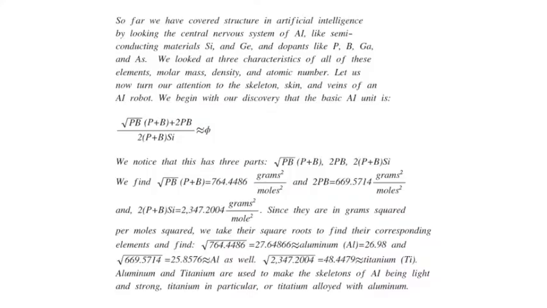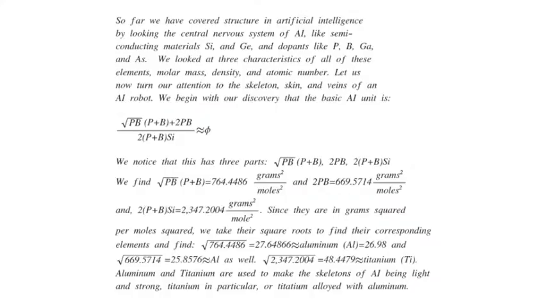Since they are in grams squared per mole squared, we take their square roots to find their corresponding elements. The square root of 764.4486 equals 27.64866, which approximately equals aluminum, Al, which is 26.98.